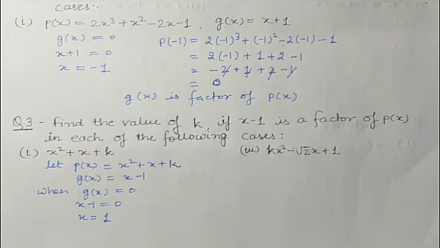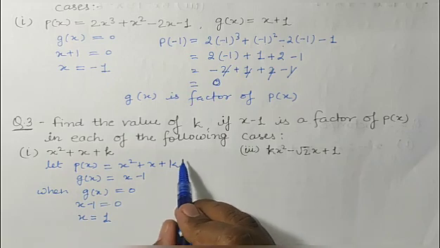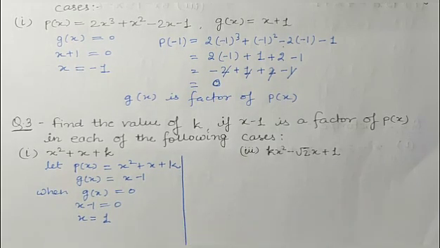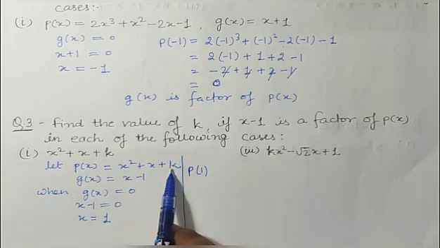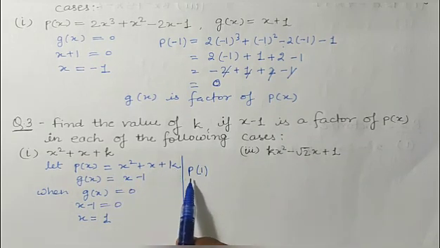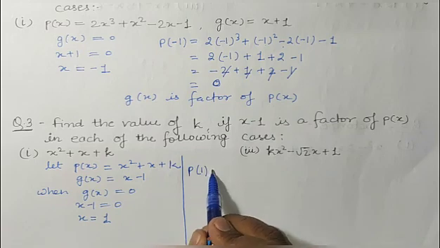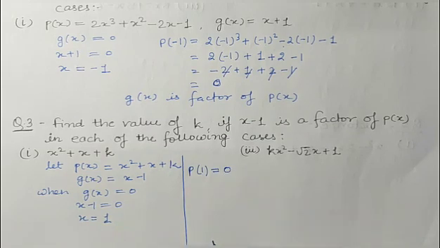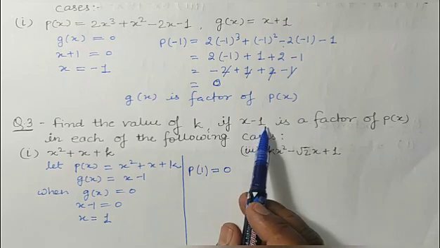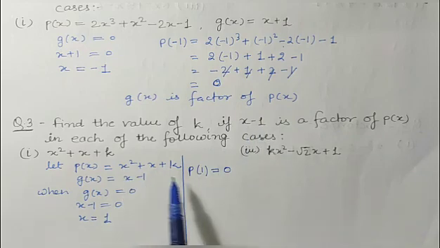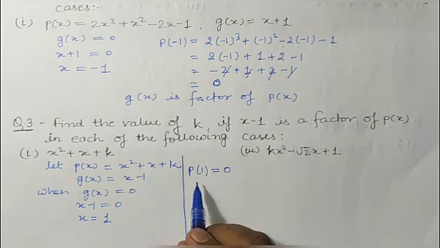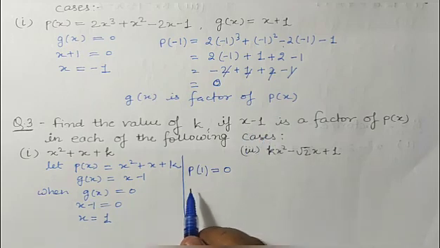The value of x is 1. Now we will find p of 1. Okay, p(x) was x square plus x plus k. This p(1) should be equal to 0, because we know that x minus 1 is a factor. So when we put the value of x in this polynomial, it should be equal to 0, because the remainder should be 0 if x minus 1 is a factor.